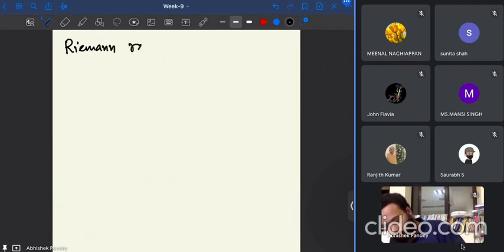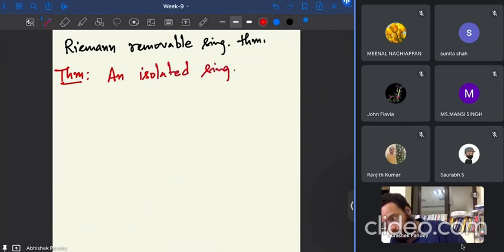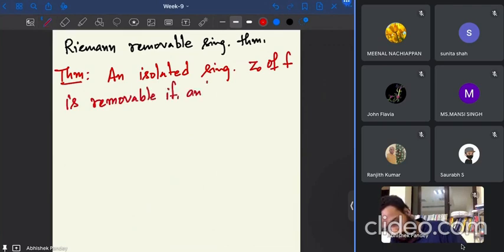An isolated singularity z naught of f is removable if and only if any one of the following holds.